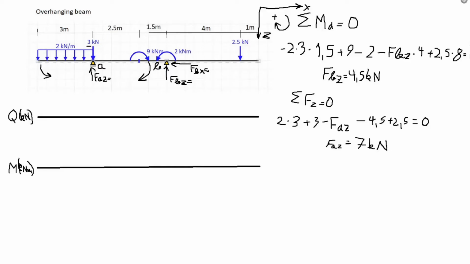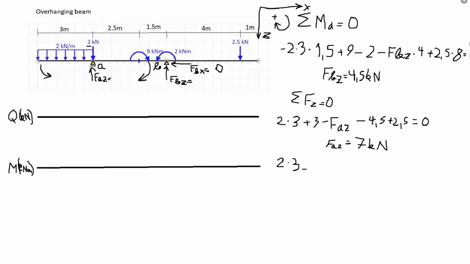Now let's move on to calculating our shear force diagram. Since the first force is a distributed load, it will give us a linearly increasing line in the negative direction. So let's calculate the sum of what this distributed load will give us.